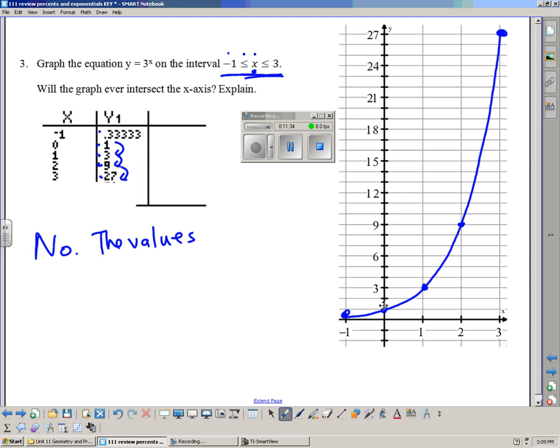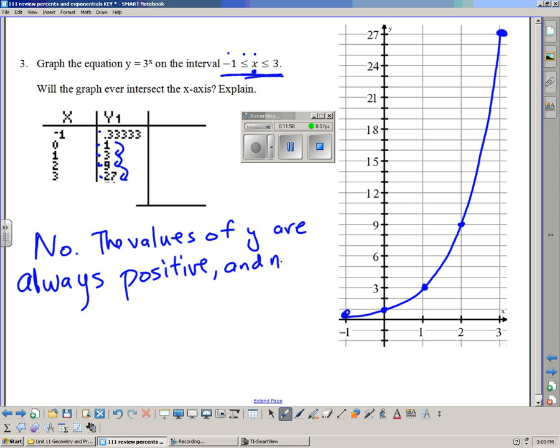So the values are always positive numbers. They're never going to level out, because if I divide by 3, I'm always going to have something there. So an easy way to write the answer is no, the values of y are always positive and never 0.